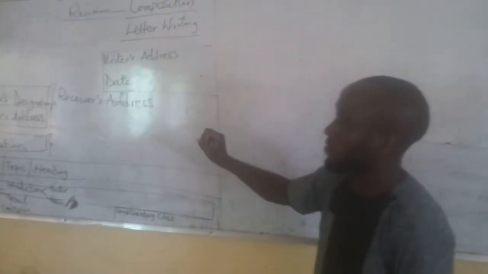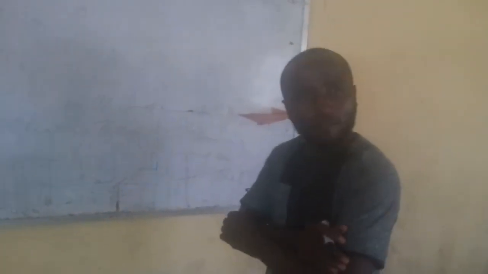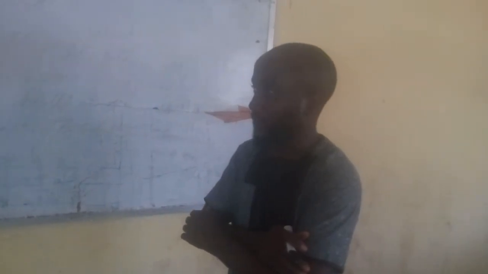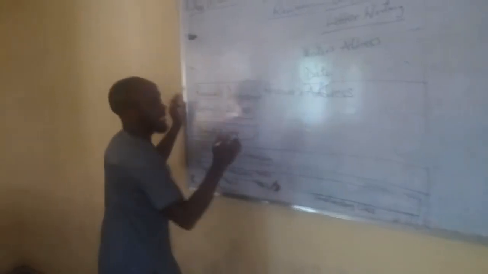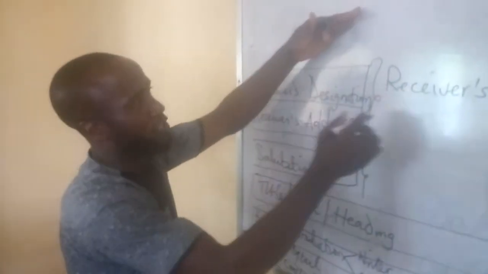So now let's say the diagram that will lead us to the informal letter. From this diagram, you can remove the part that we don't need when writing an informal letter. Let's just spare ourselves the time and the stress.